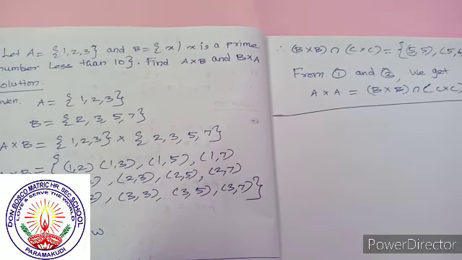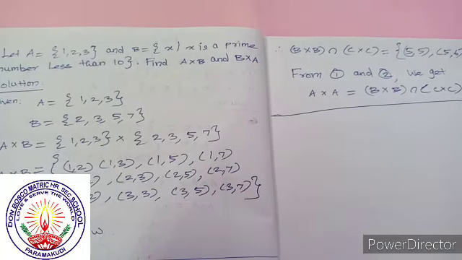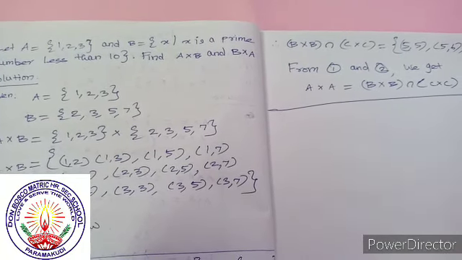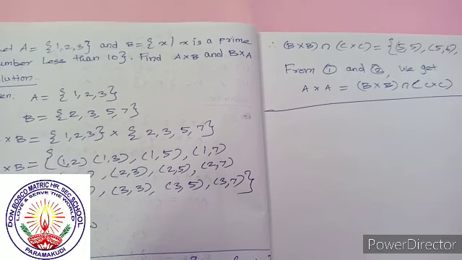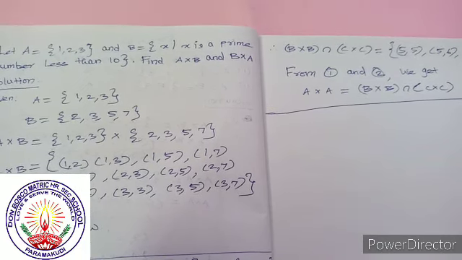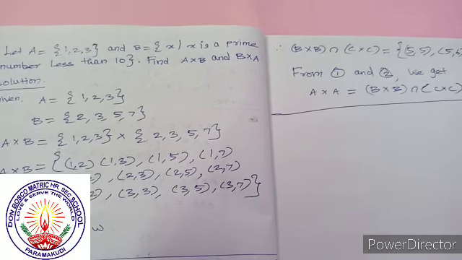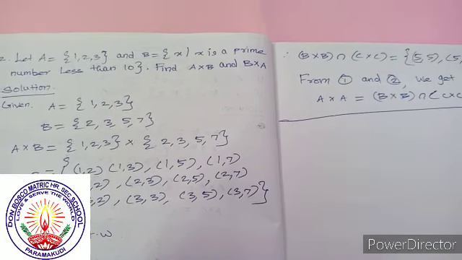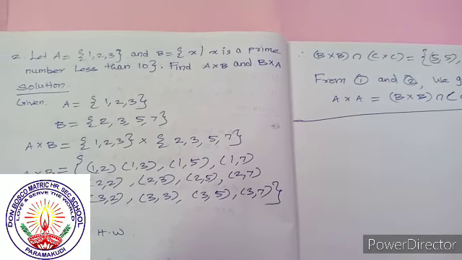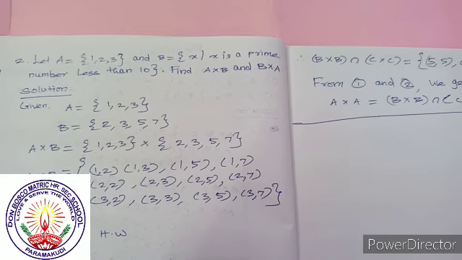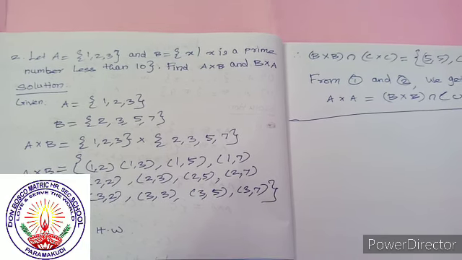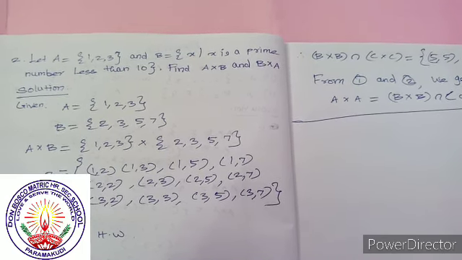So what are the prime numbers? The numbers divisible by 1 and itself. So first prime number is 2, next 3, 5, 7, 11, like that. Here the set contains only the prime numbers less than 10. So therefore what are the elements in the set? 2, 3, 5, 7. These are the prime numbers less than 10.